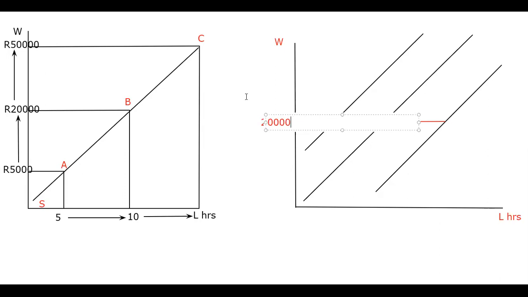The wage rate is 20,000, but the amount of labor supply continues to vary. Why is that so? It means there are other factors that we should take into account.